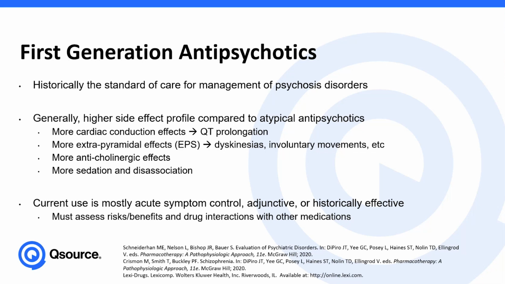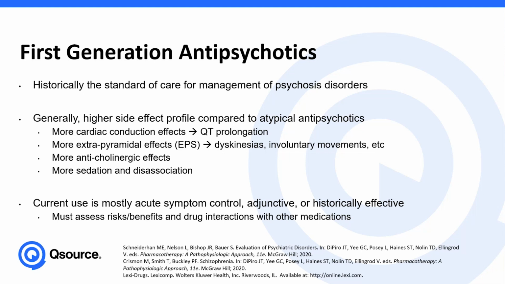They have more anticholinergic side effects. Again, this is going to increase falls risk. And they have more sedation and dissociation associated with them. So dissociation is probably one of the mechanisms of efficacy for antipsychotics. It's just that the patient gets more dissociated, so they're more confused than they otherwise would be.